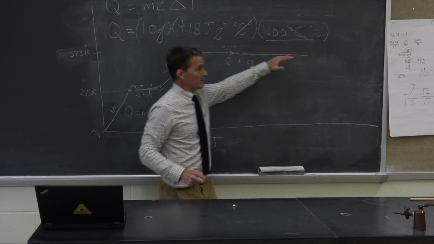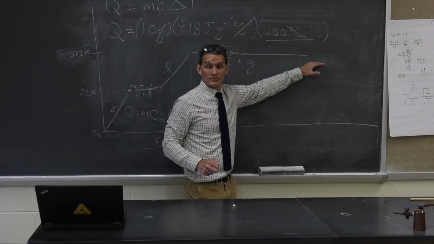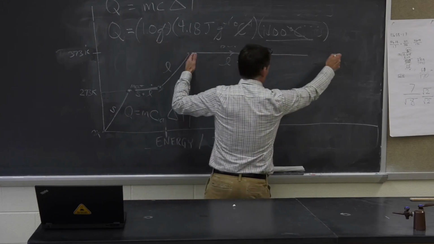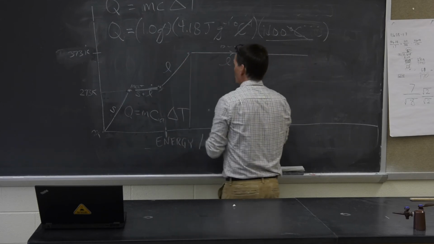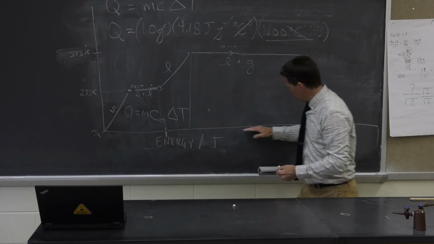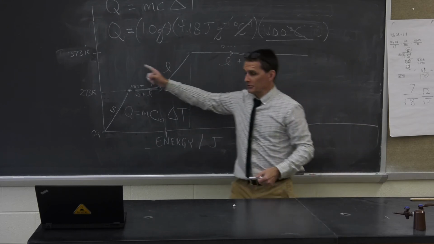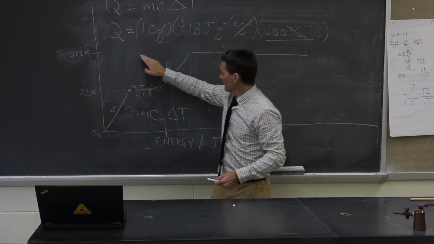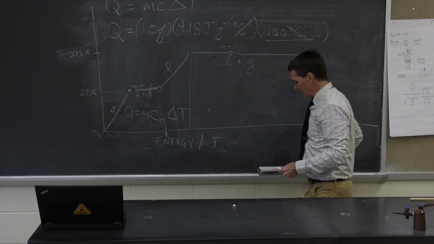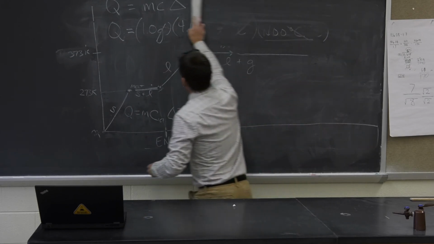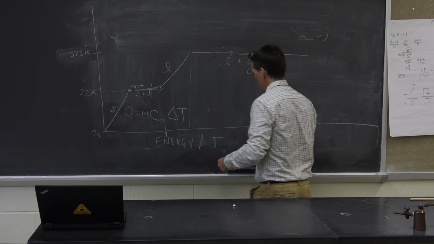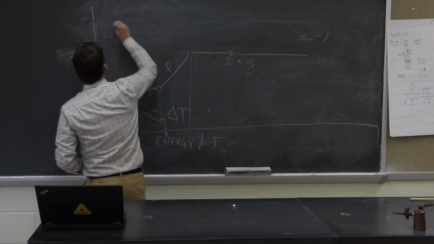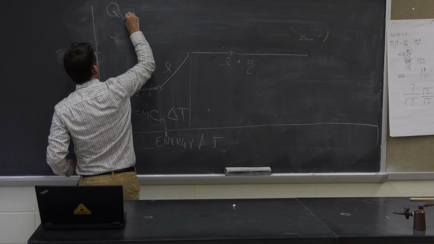Now for this step, the boiling of water, that's going to take a lot of energy. I can see it. I mean, that's a really long line there. But with all this energy gain, there's no increase in temperature, so I can't use this equation. For this, I've got to use the enthalpy change for the phase change. So for this step, going from here to here, I take the enthalpy change for vaporization.